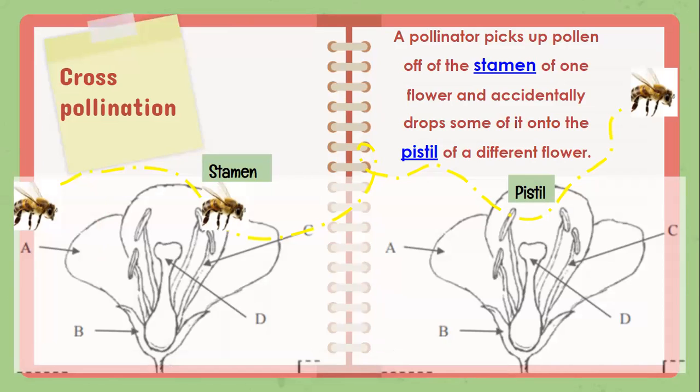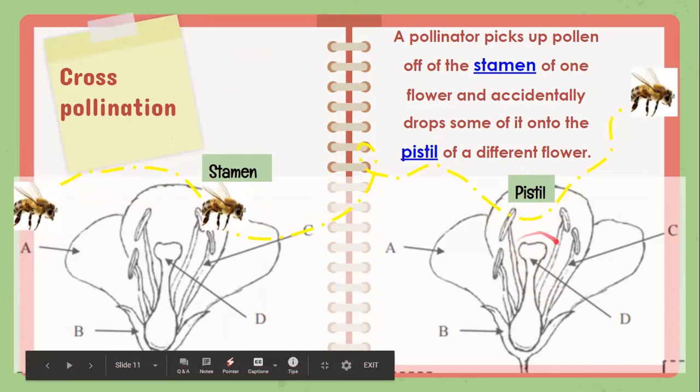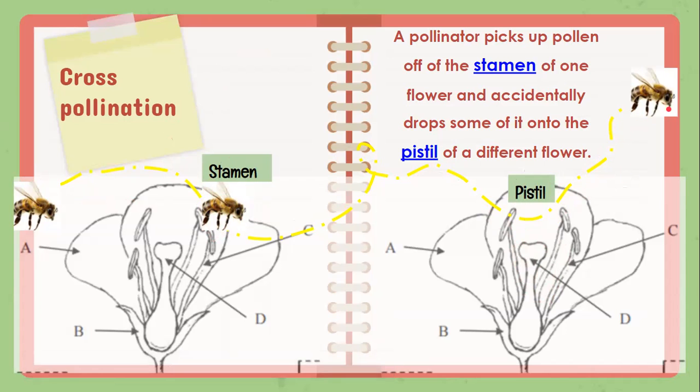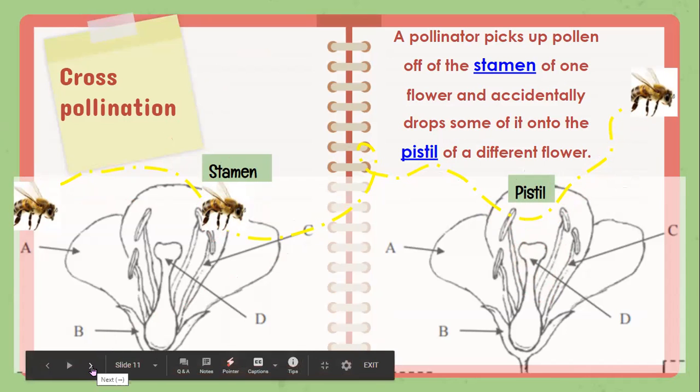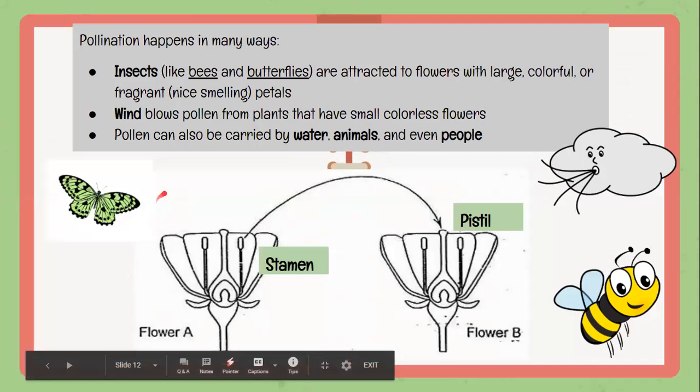As you can see, this bee is picking up some pollen from the stamen, and then he's flying, and he accidentally drops some of the pollen into the pistil. And then he flies away without noticing.